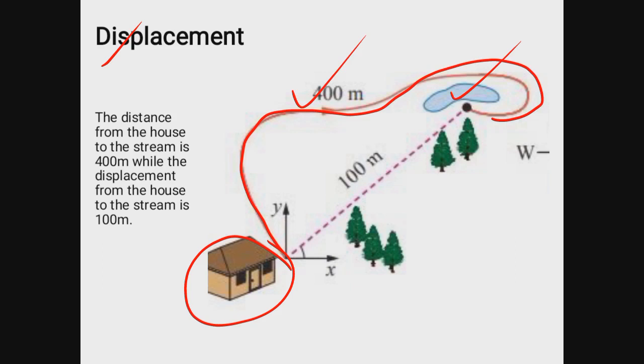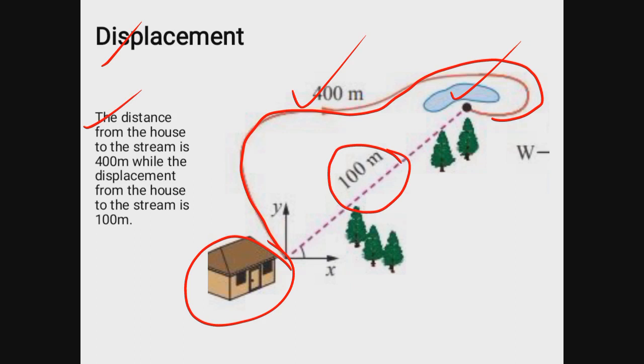But between the same 2 points, the observer can take a shortcut along the northeastern direction and cover just a distance of 100 meters in a specified direction of north, probably 45 degrees east. And that's actually what displacement is.